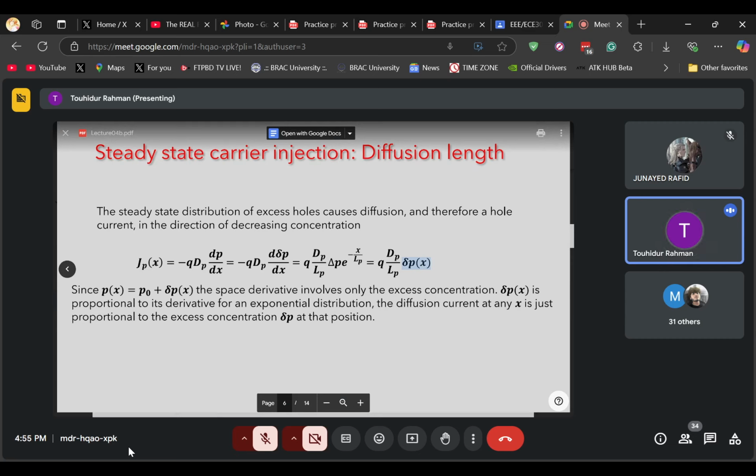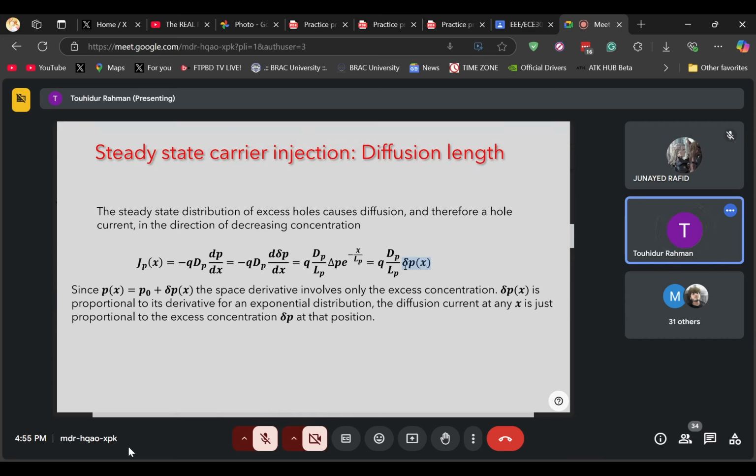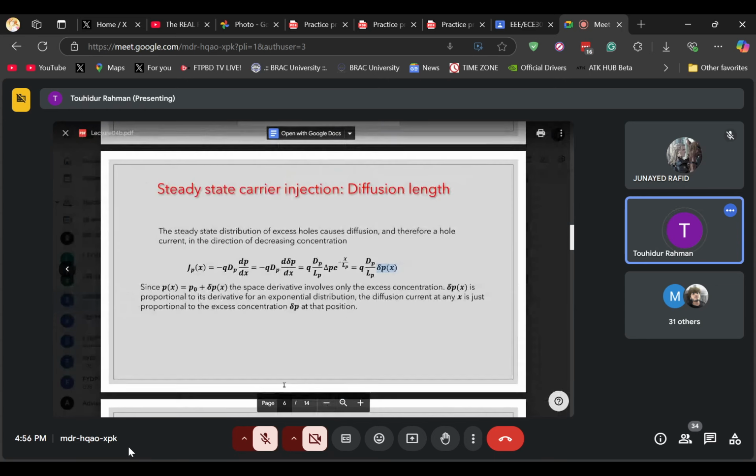Diffusion current at x is proportional to excess carrier concentration at x. This is a very important conclusion, and of course there may be a question from this particular result.